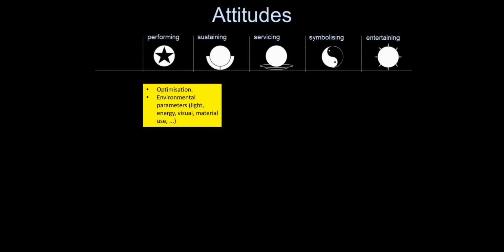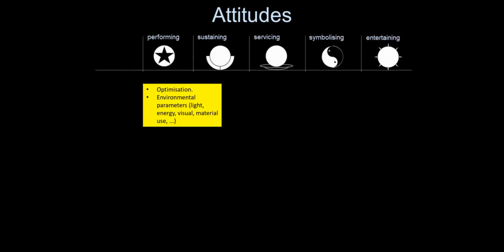So we can look at many different worldviews. At the moment, I have defined 5, and that is, of course, a question of discussion. Should it be 5? Is that not too much, or is it not enough? But at the moment, this is the list that I could come up with. For example, one that is largely focused on performance.